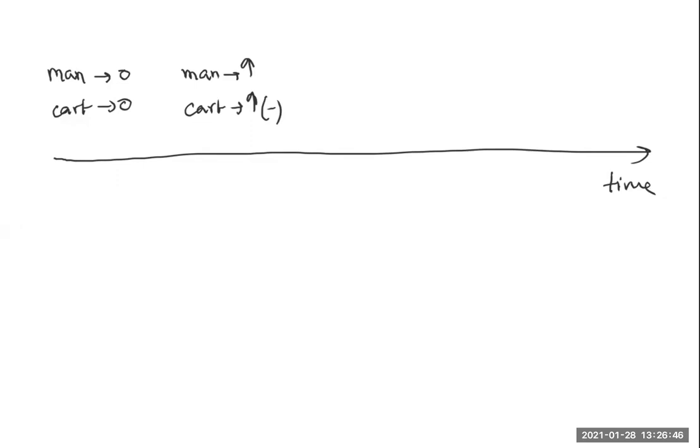And then the event occurs. This is the event that we want to talk about. So the event is that the velocity of the man has become v naught with respect to the cart, and the velocity of the cart has become V.